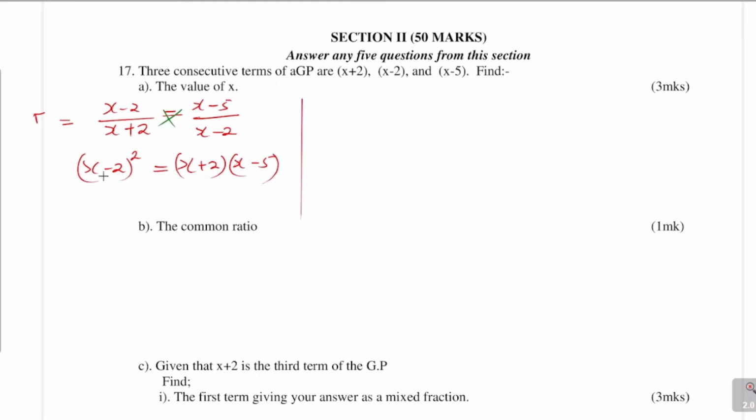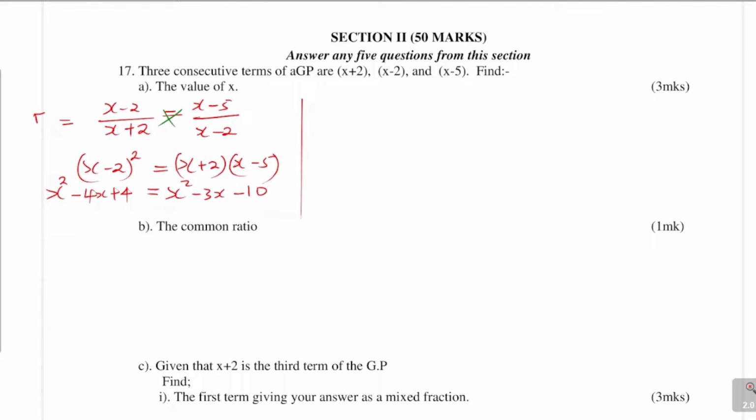When you expand x minus 2 squared, this will give x squared minus 4x plus 4 is equals to, when you expand x plus 2 multiplied by x minus 5, you'll get x squared minus 3x minus 10. So from there you can solve for x.